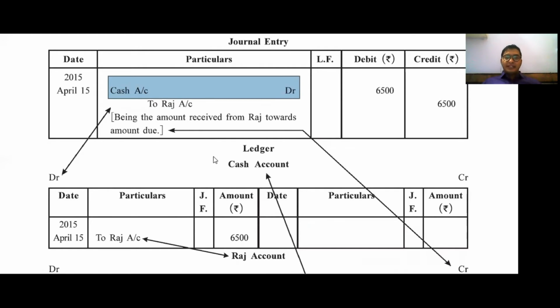So in cash account debit side, we have to write first of all date 15 April 2015, then amount, against cash amount 6500, then name of opposite party. Means if I am writing in cash account, name of opposite party becomes Raj account, so it is to Raj account.